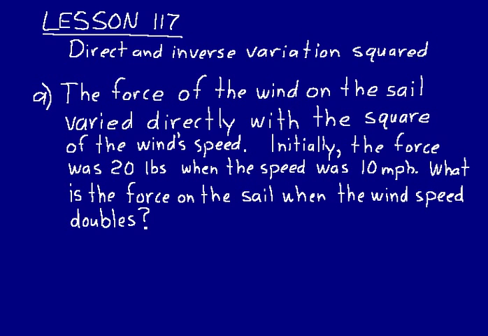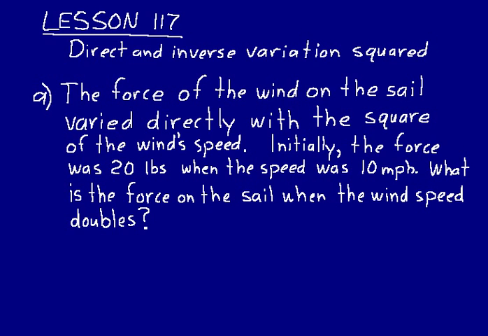For example, in this problem here, this is a real relationship. The force of the wind on the sail varied directly with the square of the wind's speed. That is true. There is a relationship of the force to the square of the wind's speed. Initially, the force was 20 pounds when the speed was 10 miles per hour. What is the force on the sail when the wind speed doubles?